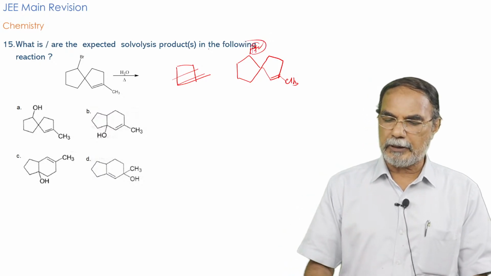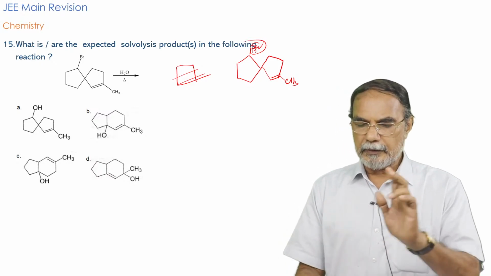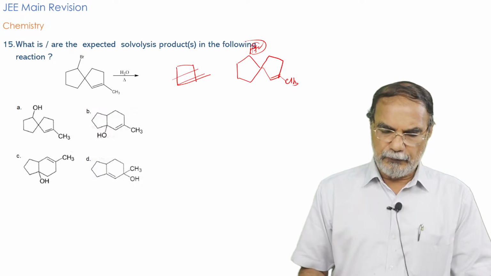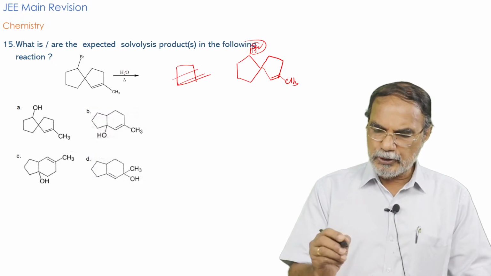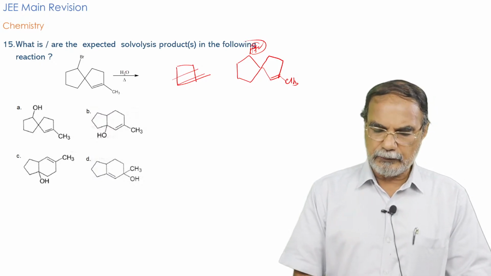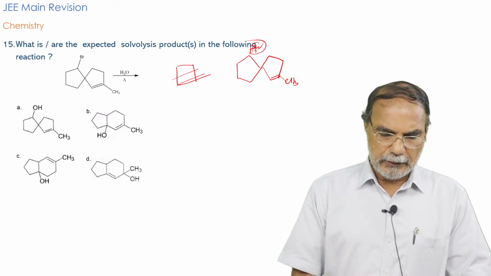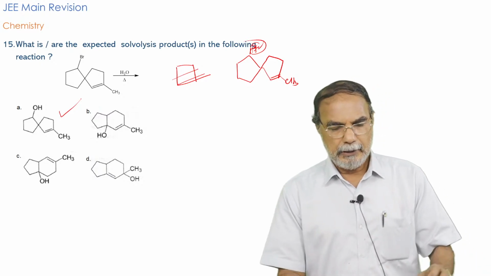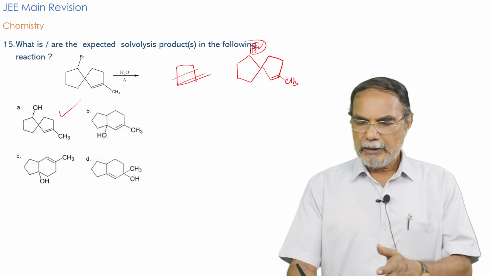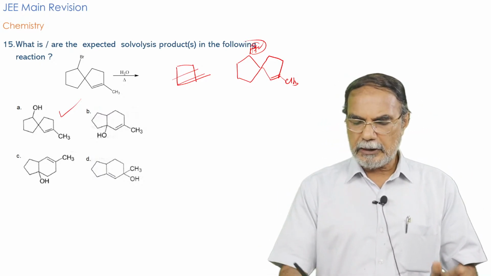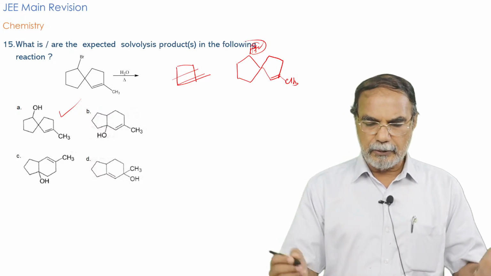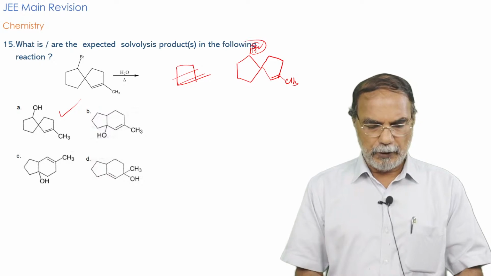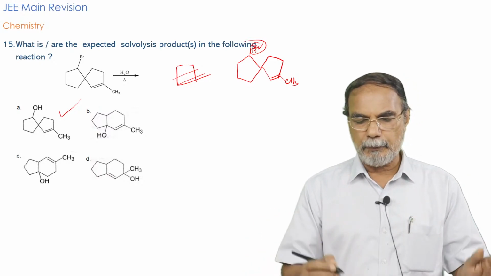And this carbocation can obviously react with water at that position itself, in which case the product A would be formed. There is nothing wrong in suggesting the product A, because this is a carbocation, and this carbocation simply undergoes a substitution with the nucleophile, and you have product A. So A is a possible product.